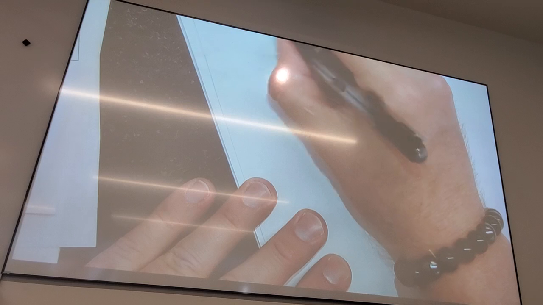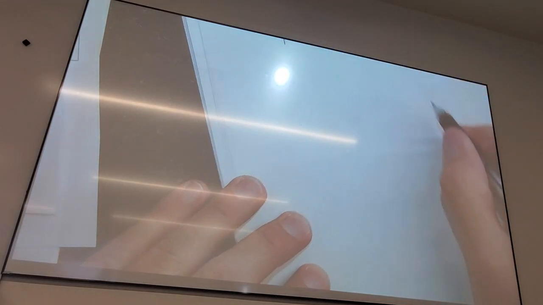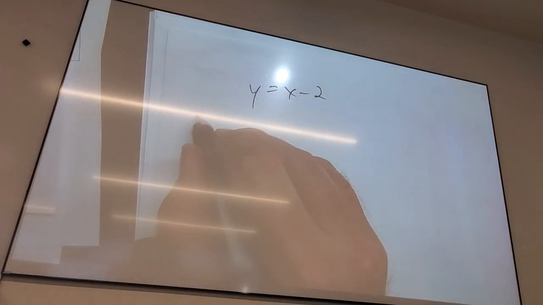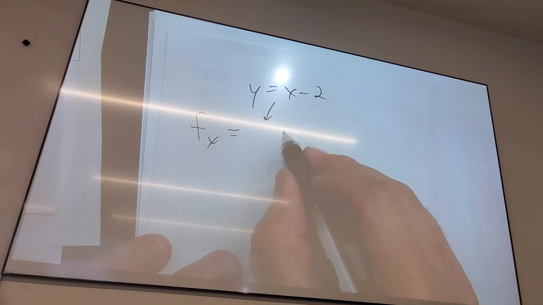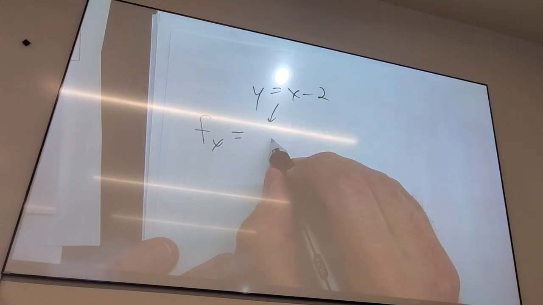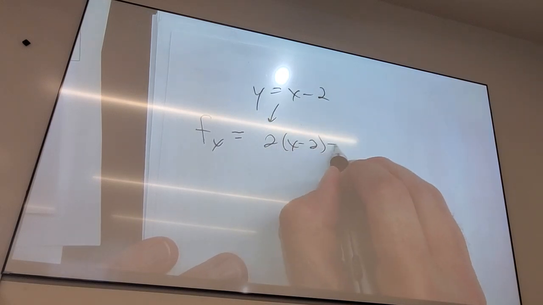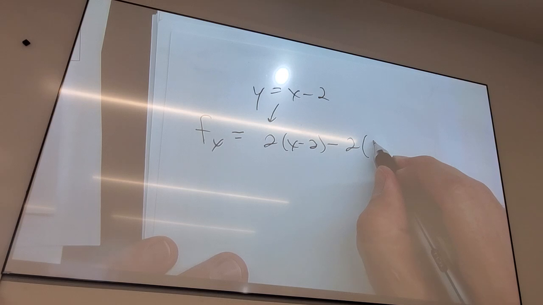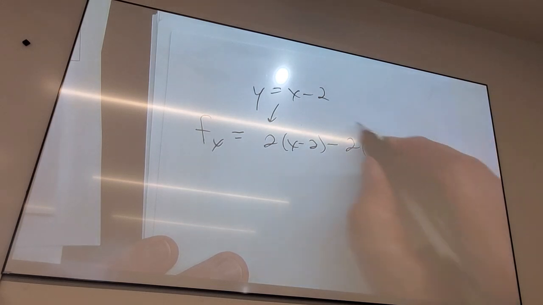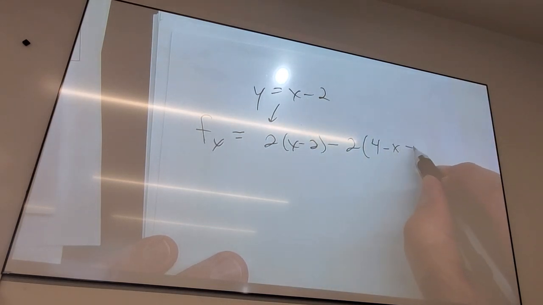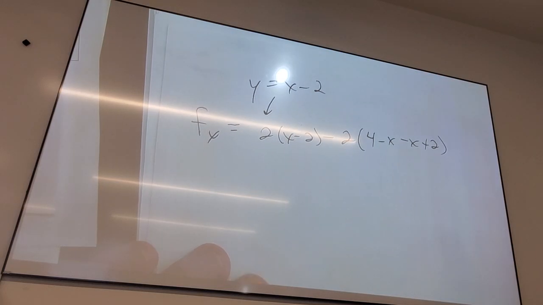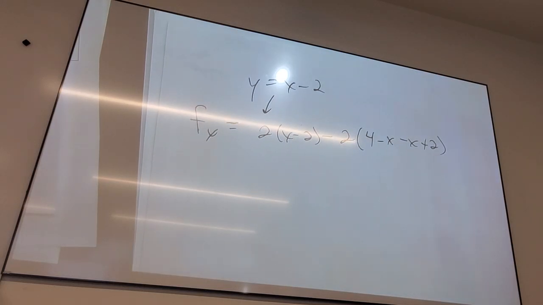So now I know y equals x minus 2 makes them equal to each other. That makes fx become 2x minus 2 times 4 minus x plus 2. Is that cool?